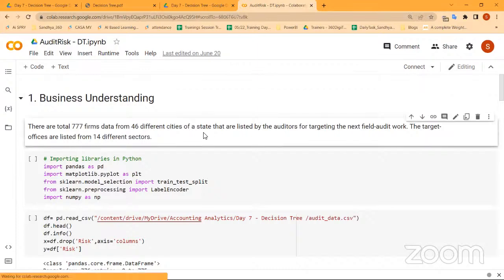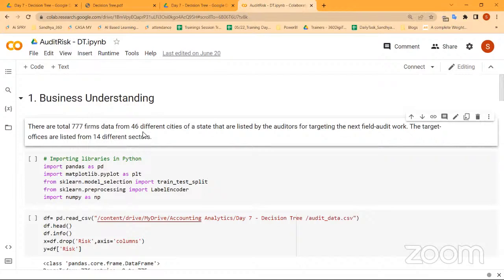As we discussed, the business statement here is that there are a total of around 777 firms, and we have collected the data from 46 different cities of a state, and these are basically listed by the auditors. The targeted offices are listed from almost 14 different sectors.